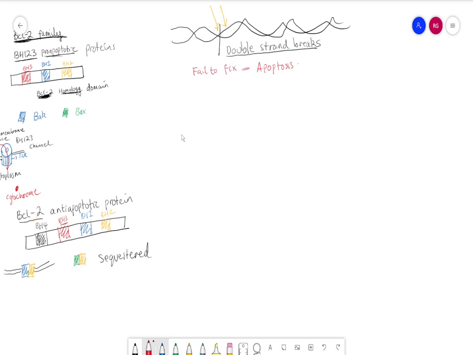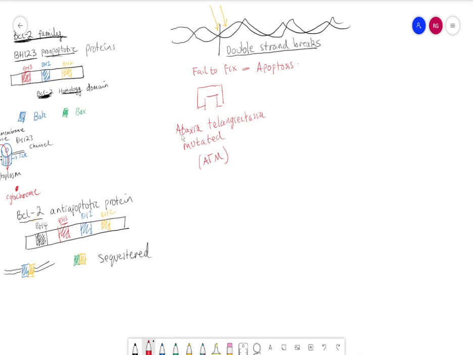And two proteins that can detect that double strand break are going to be ataxia telangiectasia, so rather weird name, telangiectasia mutated, and ataxia telangiectasia is a disease. So ataxia telangiectasia mutated just means that this protein is mutated in this disease, ataxia telangiectasia, and we're going to shorten that to ATM because I don't want to keep writing that.